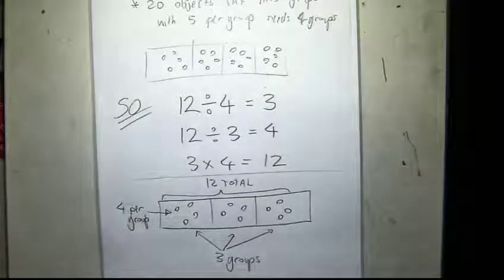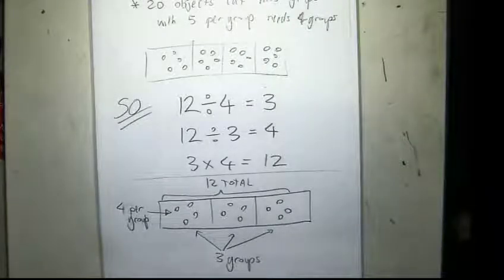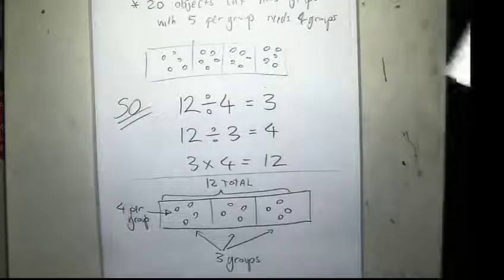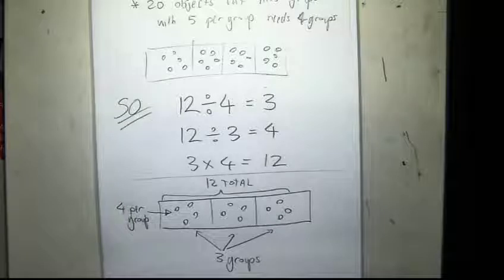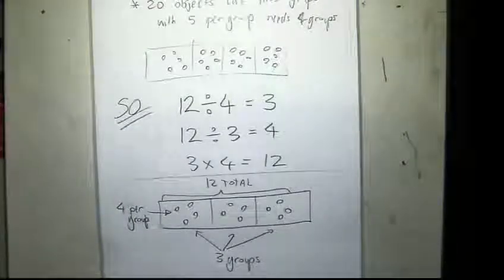Okay, so that one picture can be represented with all 3 of those equations. 3 groups of 4 per group, 3 times 4 is 12. 12 total split into 4 per group is 3 groups. 12 total split into 3 groups is 4 per group. They're all the same picture. So what that means is that any formula that involves a division has 2 other formulas related to it that involve division and multiplication.